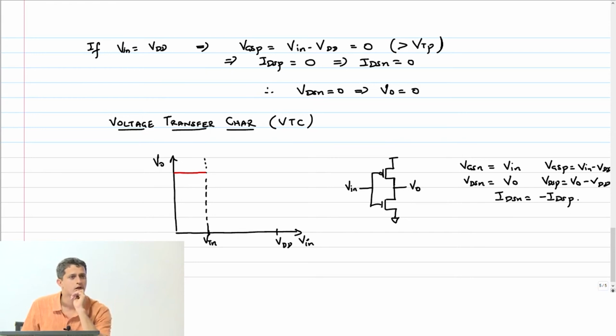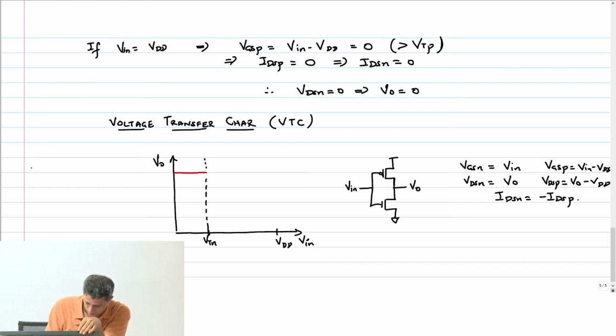Saturation, you agree? Why? Because VGS is how much? VGS is just slightly above VTN. So VGS minus VT is a very small number, but Vout is nearly VDD.